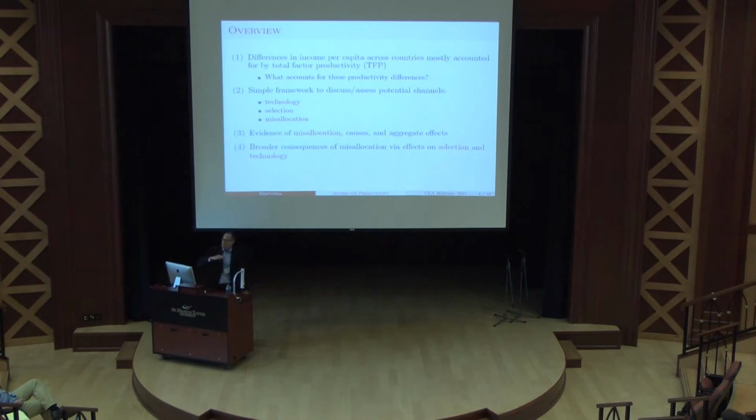Now, I emphasize these big disparities in income across countries, and then I showed you some variation over time. In a sense, understanding the changes over time is less of a hurdle than the big differences in income. So I'm going to focus on how the literature has addressed differences in income at a point in time.